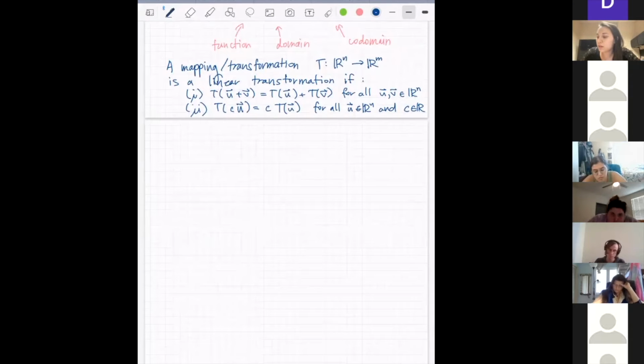Okay, so this is what it means to be linear. So this is a linear transformation. And it's good to note that these two conditions are very strong statements. They're not satisfied by a lot of functions. Many functions do not satisfy this.